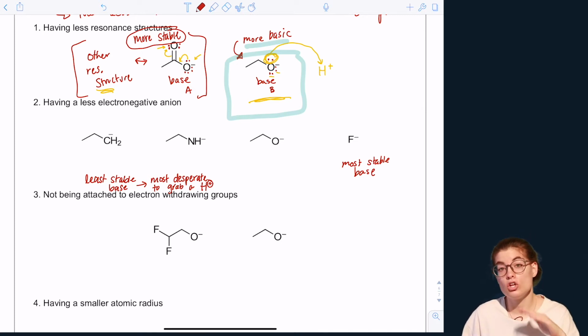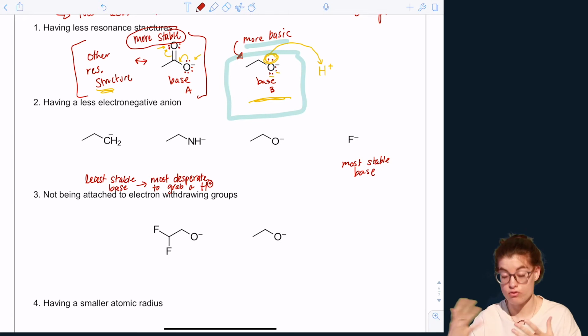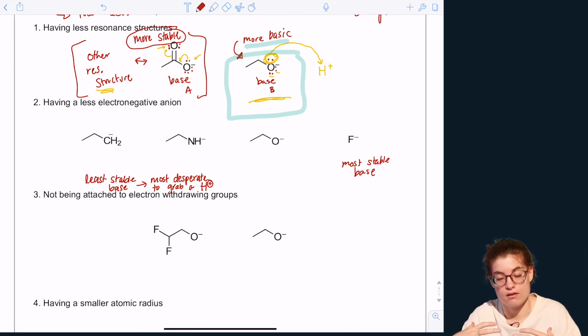But the other way to look at this, and it'll still give you the same answer, is in terms of what electronegativity means. So if you have fluorine, which is the most electronegative, that means that it wants electron density towards it, okay? If it's kind of hogging the electrons and keeping them close to its nucleus, then it's not allowing those electrons as easily to go grab a proton.